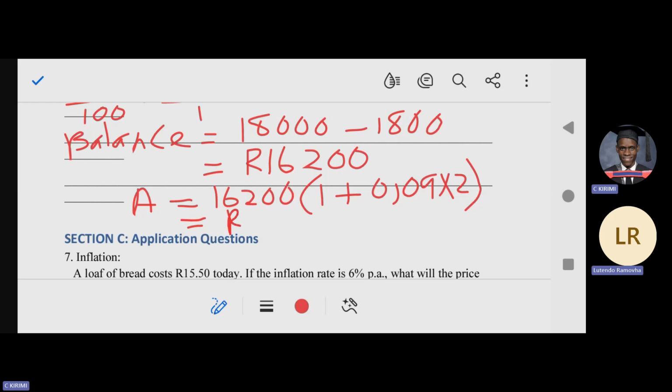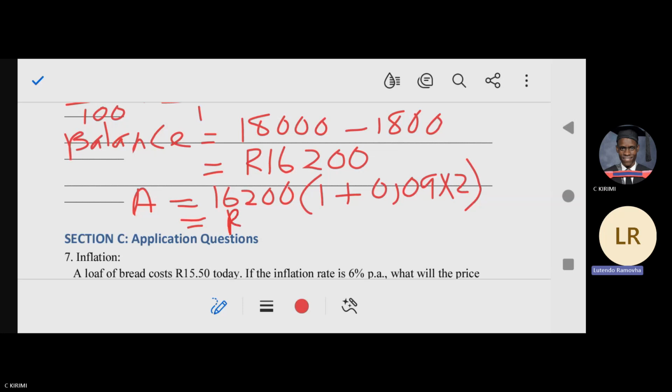Is it 2,000, or are you giving me now a monthly installment? I'm asking, what is the final answer here? Let me just calculate that. 18,880. No, check again. 16,200 bracket 1.